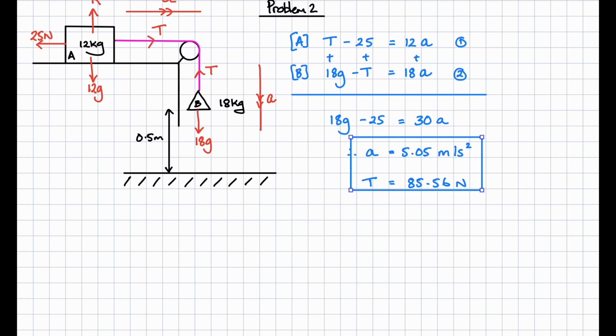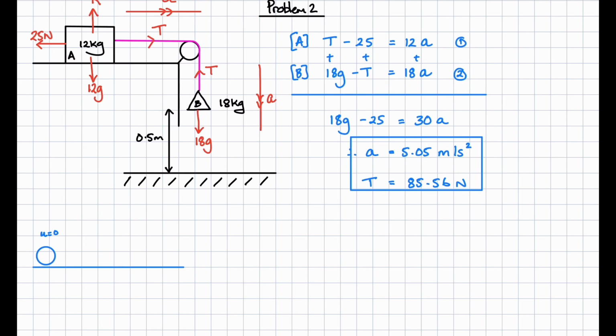In order for us to do that, we're going to draw ourselves a little diagram. Here's our horizontal surface. Here's particle A currently sitting at rest.